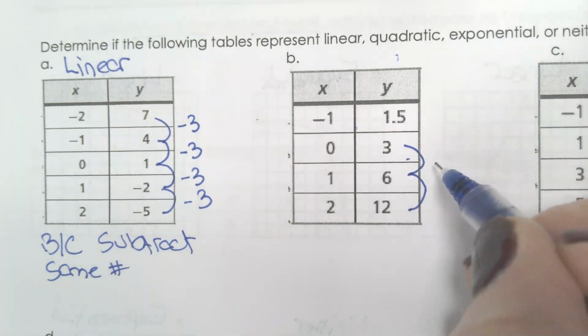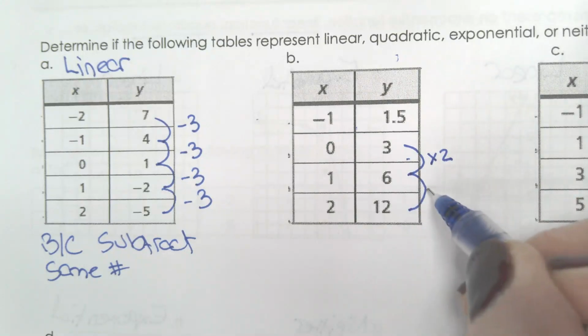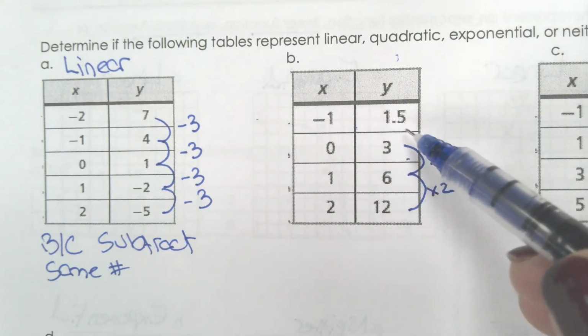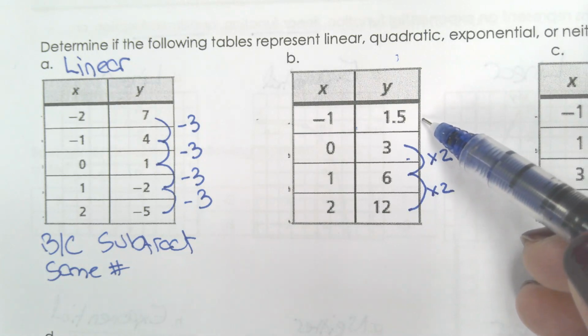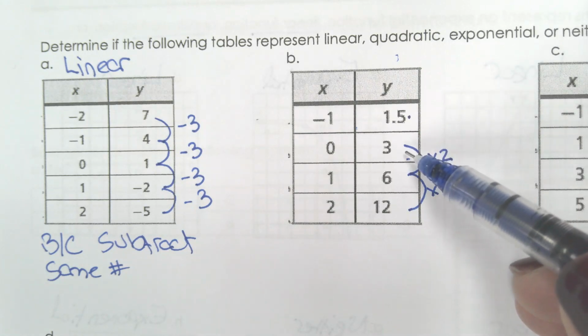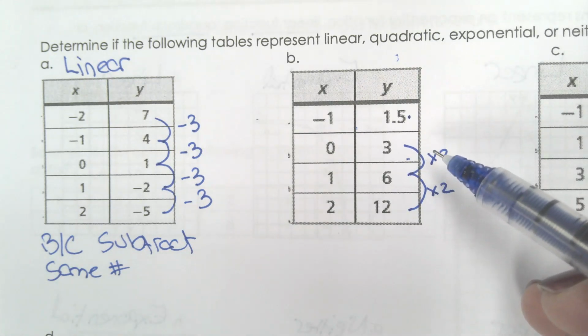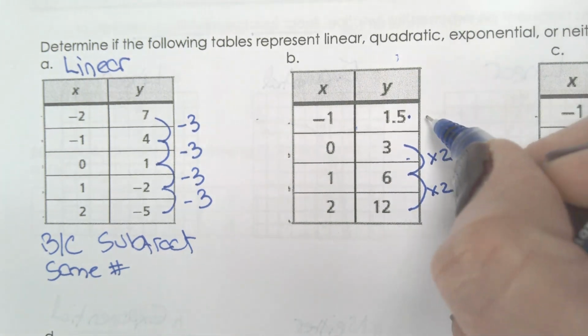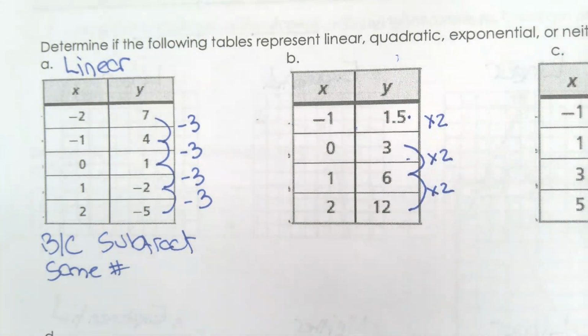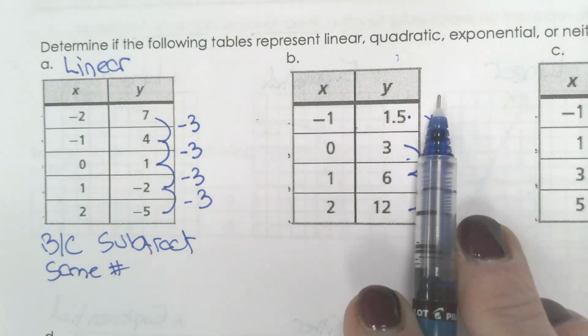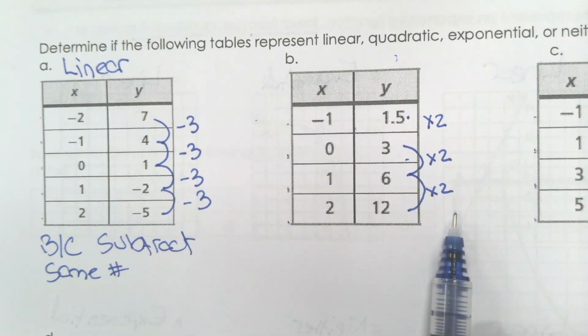Okay, so if you go times 2 to get there and times 2 to get there. And then sometimes I just back it up and fact check myself. If I take 1.5 times 2, do I get 3? I do. So sometimes I do go out of order. All right, so for my y's, I'm multiplying to get to the next term.